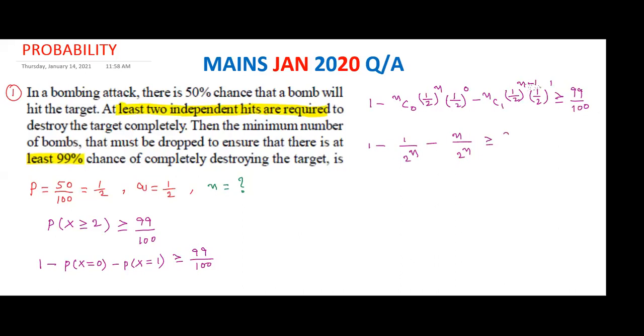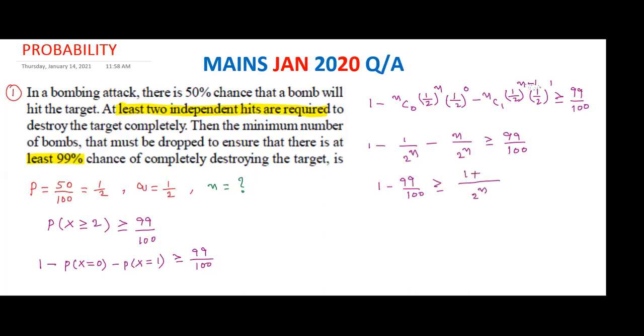Students, here observe that on the left hand side, what is the LCM? 2 power n, right? The LCM is 2 power n. Or otherwise, go to the alternative method: send 99 by 100 to the left hand side, and send these two terms to the right hand side and take the LCM.